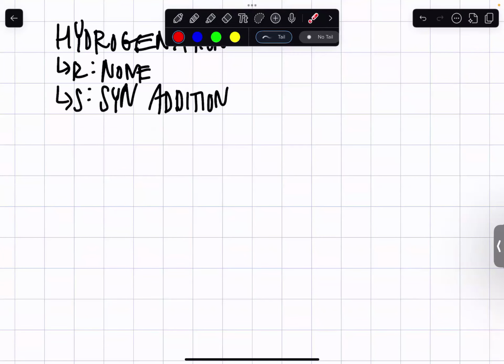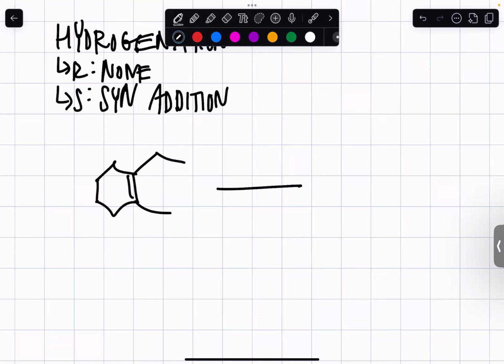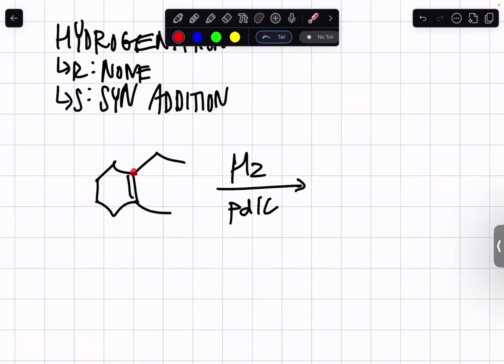So, for example, if I have this alkene right over here, and then I react it with H2, palladium on carbon, I know that we're going to add two hydrogens, one for each carbon, but on the same side.